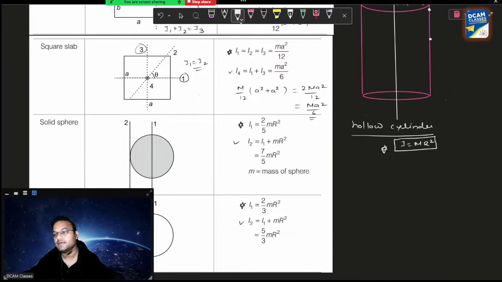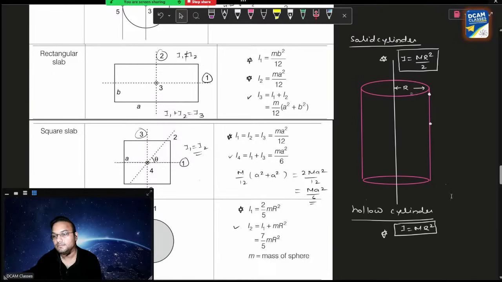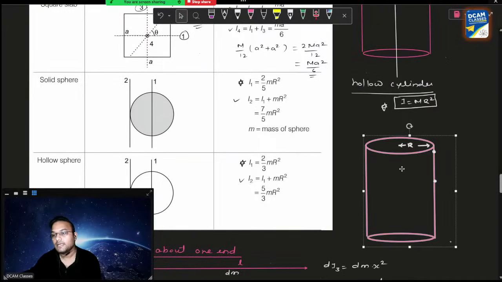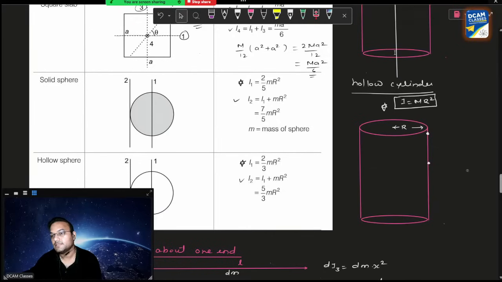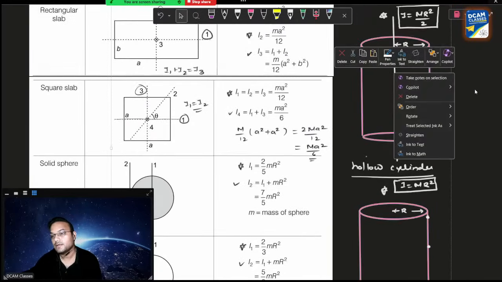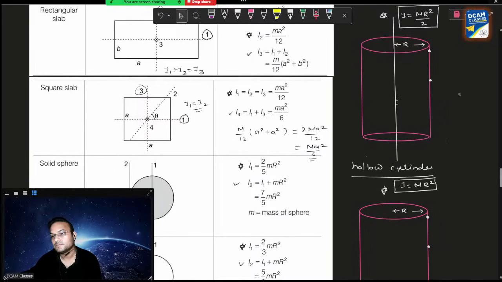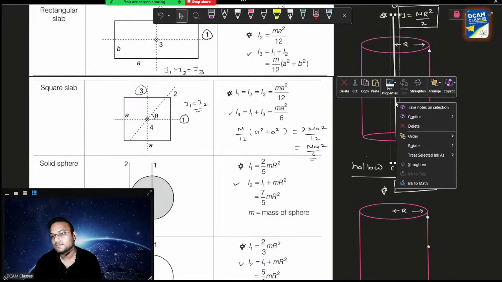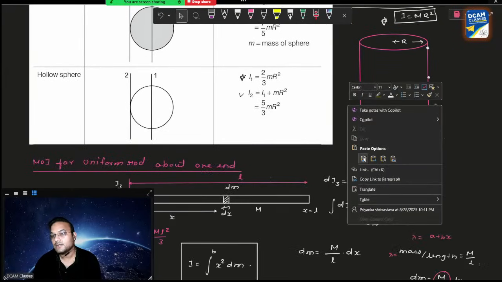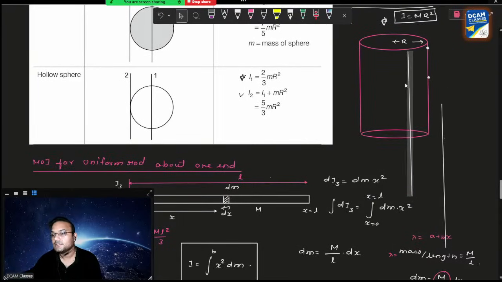Arre, it's like a ring. See, in a hollow cylinder, if this hollow cylinder is there, take any mass.